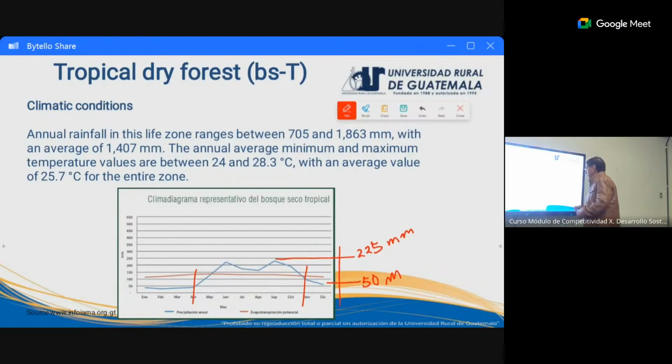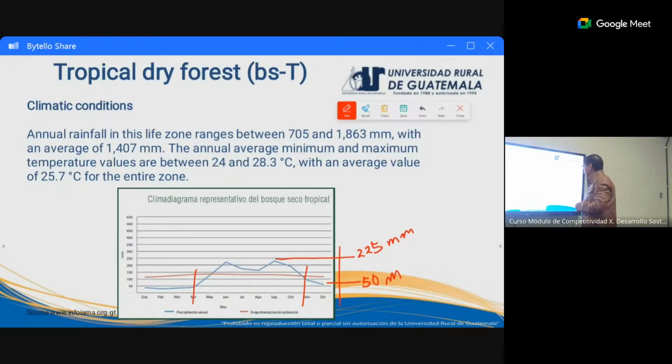So it means that during these months, we are getting this amount of rainfall that this blue line indicates.